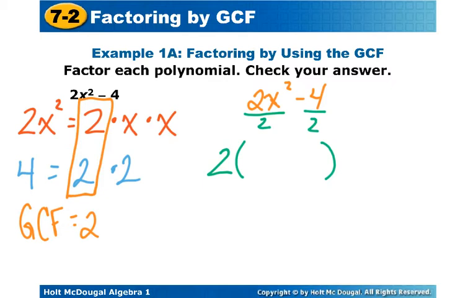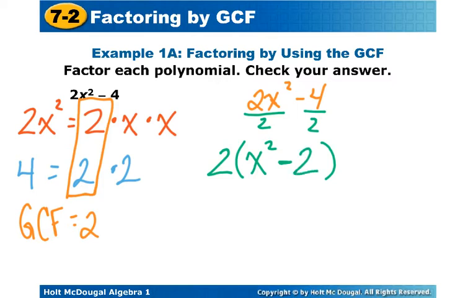Now, like I said to you, you want to think of it as dividing. So, 2x squared divided by 2 will just give me x squared. And then bring down your sign. So I have subtracting there. And then I'm going to do 4 divided by 2. Well, 4 divided by 2 is just 2.